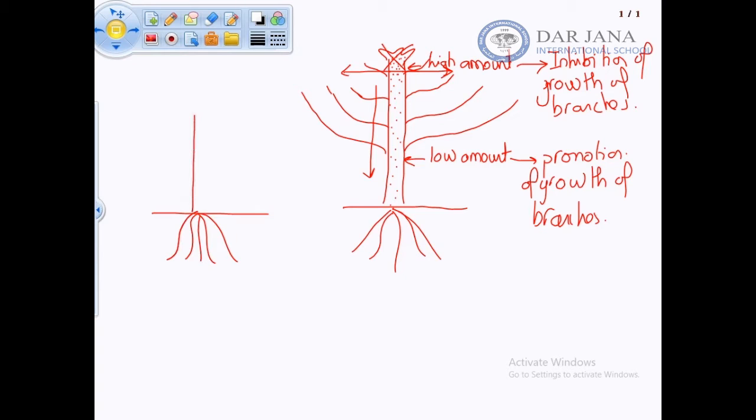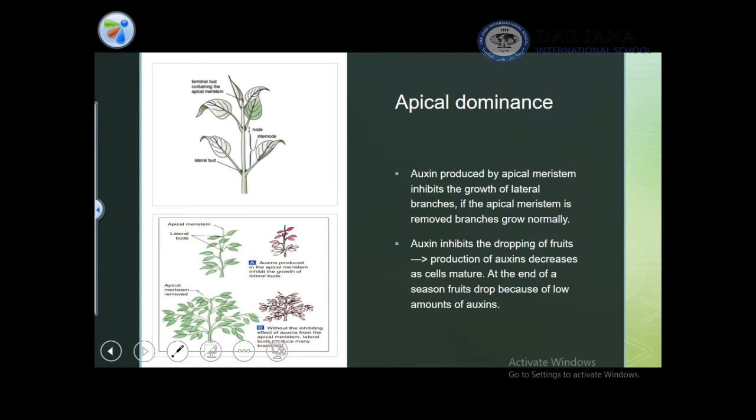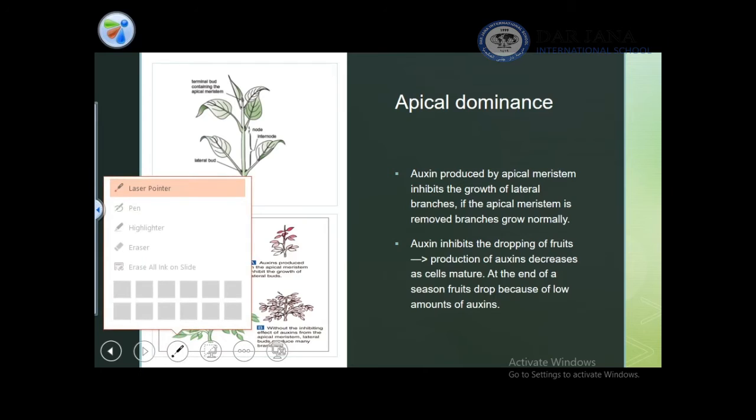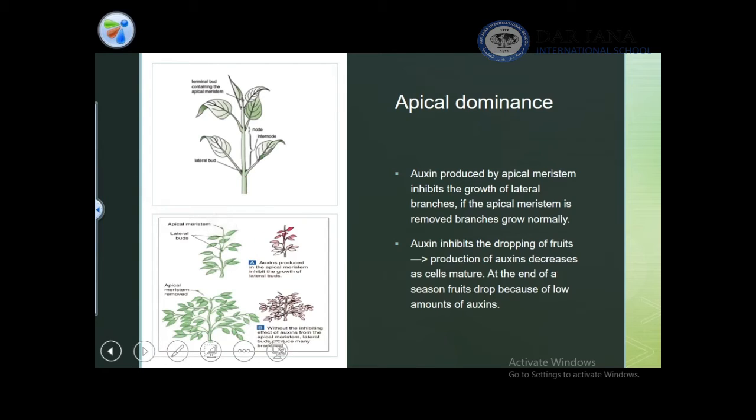So the amount of auxin will be low in the whole plant, and then branches will start growing up at the same rate and by the same length until we have formation of another apical meristem. In this image, for example, if we look back at this image, we can identify the availability of the apical meristem. It is available here.